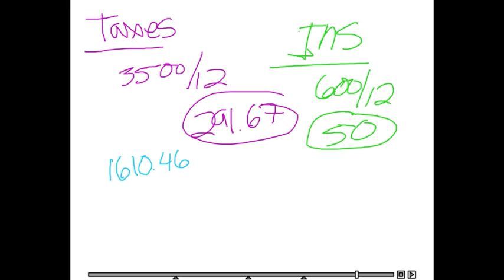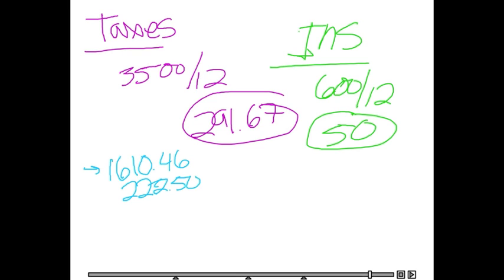So now let's figure the total monthly payment for this borrower. If you remember, we have our principal interest payment pulled from before, and we're going to add to that three things in this case. We're going to add mortgage insurance, taxes, and hazard insurance. And if you remember from before, our mortgage insurance payment was $222.50.